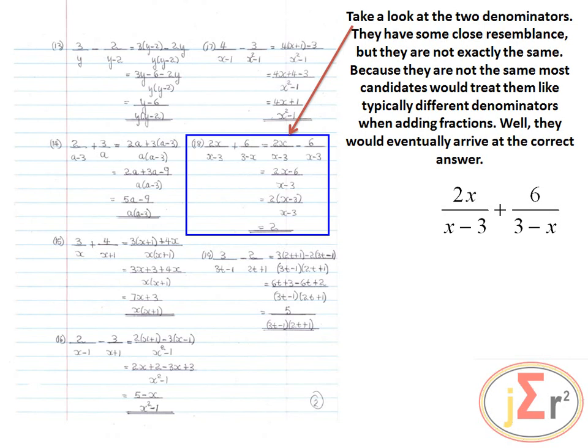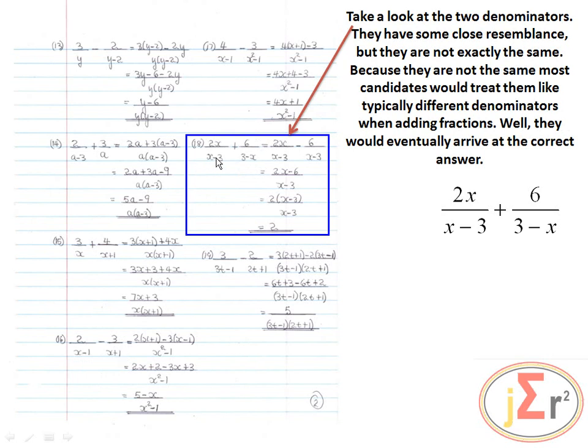So our eyes do not adapt to the reality that these two are very much different. We have x minus 1 here, x plus 1.